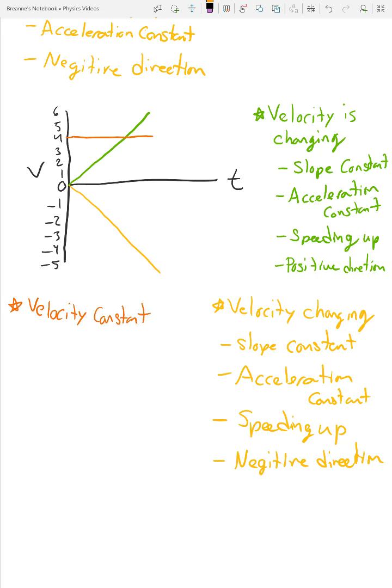If our velocity is constant, that means our slope is 0. If our slope is 0, that means our acceleration is 0. So we just have to decide which direction we're in. The numbers are positive, so we're in the positive direction.